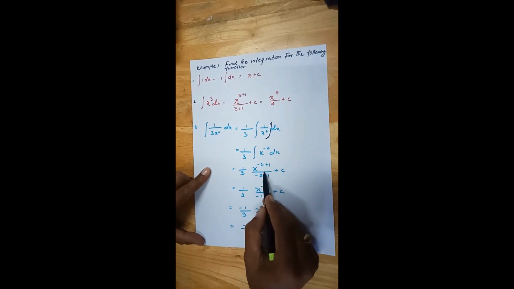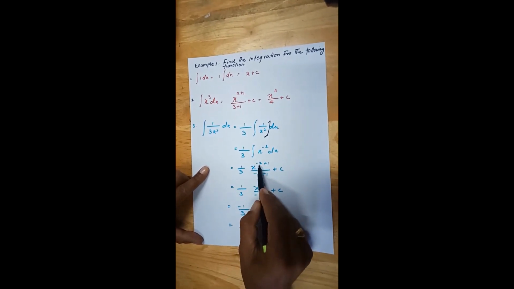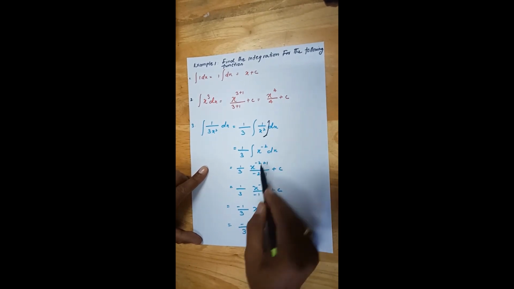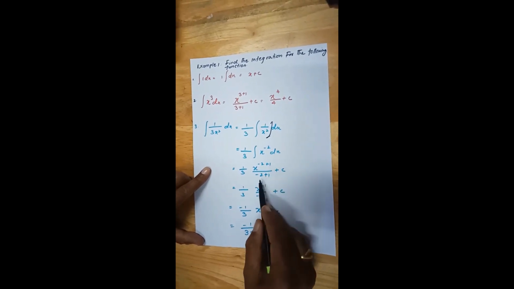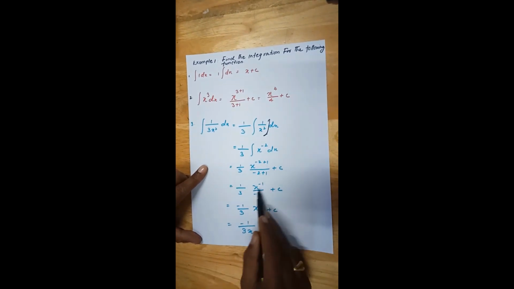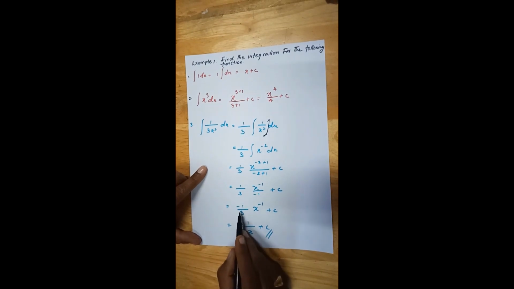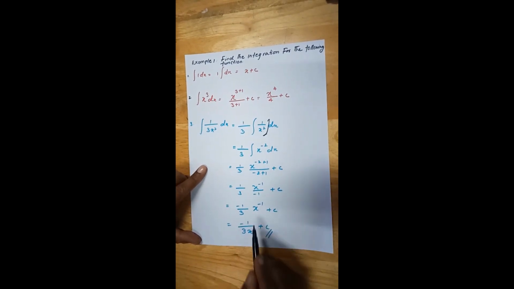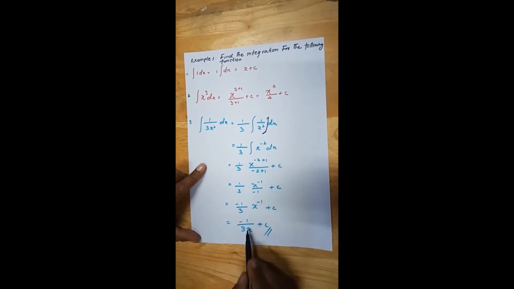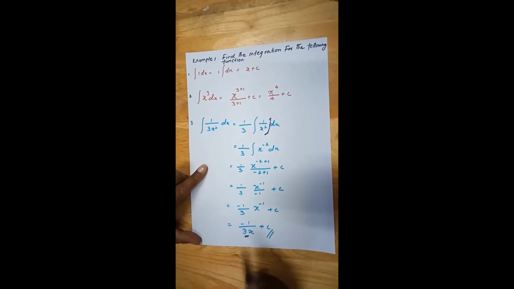Then apply the integration: 1 by 3 x to the power minus 2 plus 1. That means now you're using the power rule, plus 1, divided by whatever power is coming. So minus 2 plus 1 is minus 1, divided by minus 1. So this minus sign will always go to the numerator, minus 1 plus c. Now if you want to make this positive, you can bring it to the denominator here, plus c.